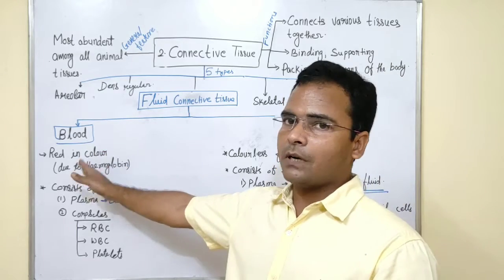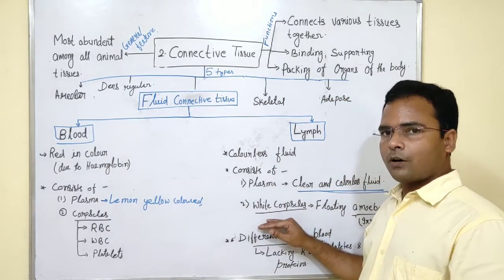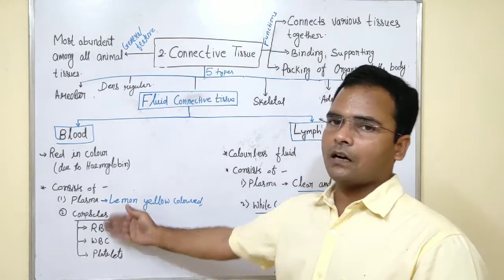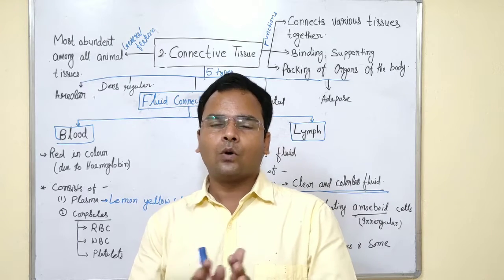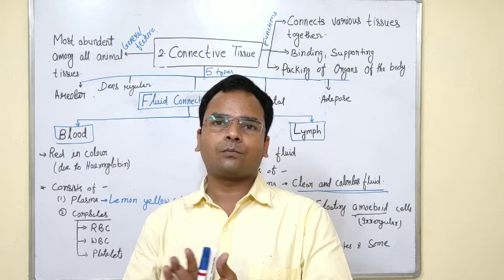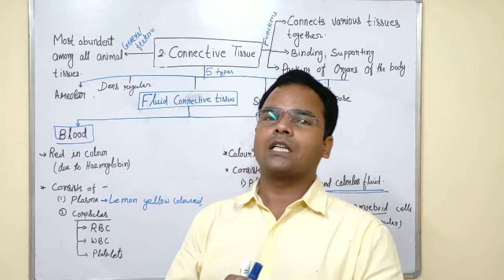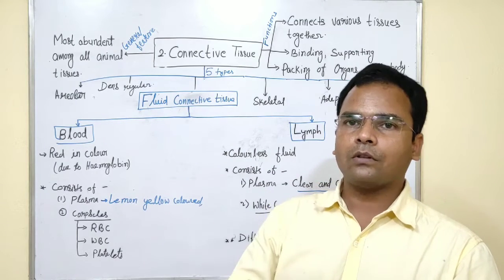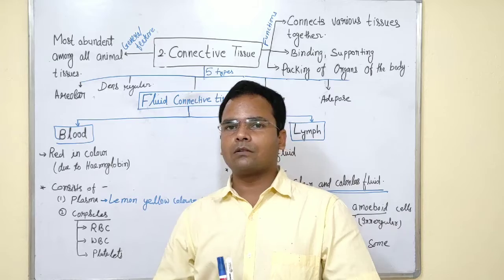Blood consists of plasma and corpuscles. Lymph also consists of plasma, but in the corpuscle part only the white corpuscles will be there, while the RBC and platelets are present in the blood. Hope it is clear. The function of both blood and lymph is the transportation of different materials. Blood has some special functions: it transports the respiratory gases, hormones, minerals, waste material, antigens and antibodies.